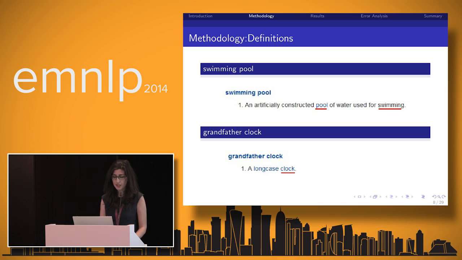Our LESC style method is based on using Wiktionary, and it's language independent, applicable to any type of multi-word expression, and of course it assumes that the multi-word expression exists in Wiktionary.